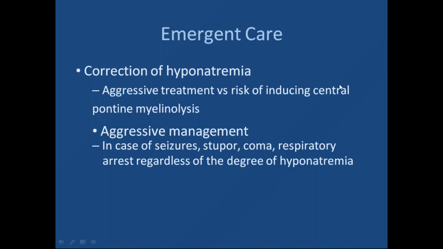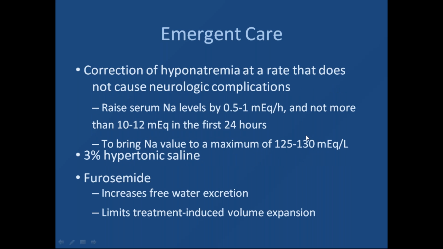Okay, we shouldn't treat it aggressively. Aggressive management should be done only if the patient has ongoing seizures or is in stupor, coma, or respiratory arrest. Only in these cases we have to go somewhat aggressively. Afterwards we have to slow it down.